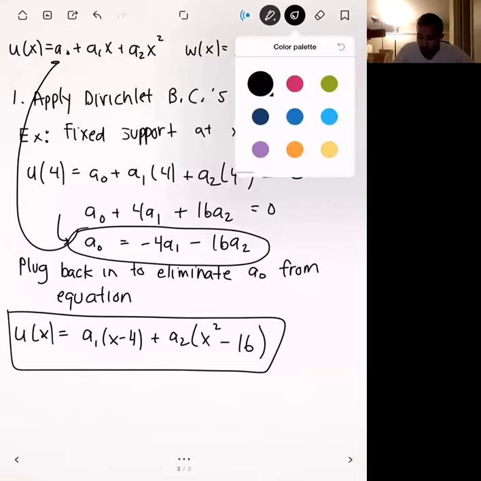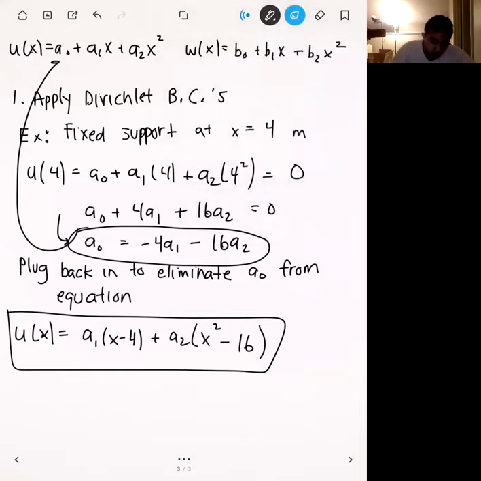Because our goal here for the approximate weak form solutions is that we want to solve for all of these constants, a0, a1, a2, such that we get our solution. The more that we solve for these constants and the more we can plug in for them, the closer we are to our solution.